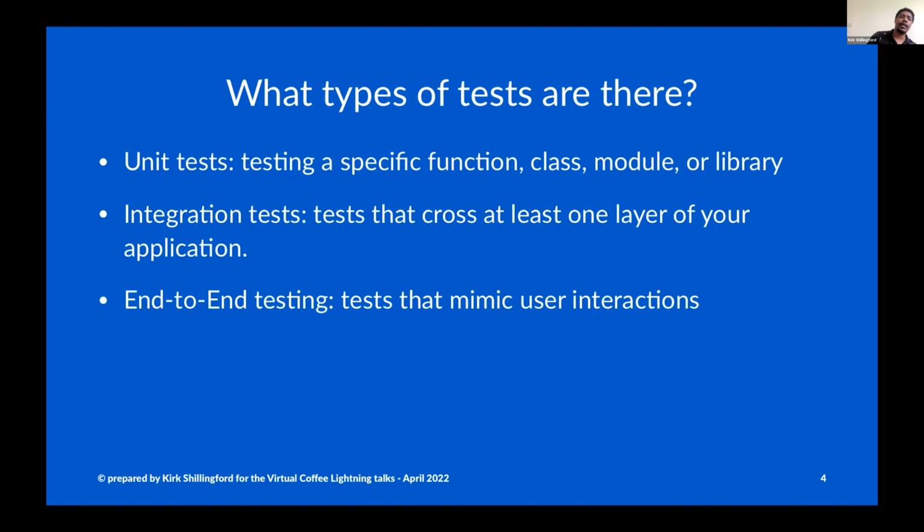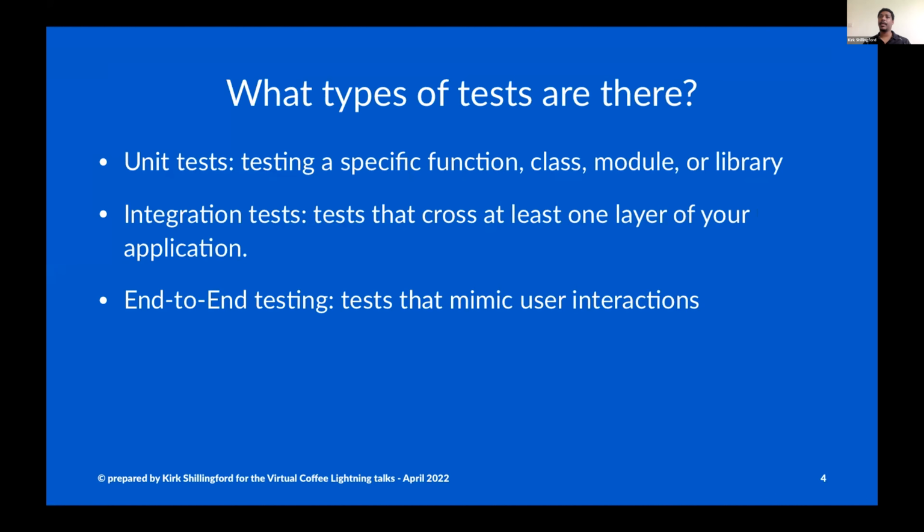Finally, the one I also hear a lot, end-to-end testing, E2E testing. Again, there's lots of definitions. I like to think of these as tests that mimic user interactions. They usually start at an entry point to an application, someone visiting a page, someone clicking a button on a screen. They go through the entire process and they usually test what happens next from the perspective of the user.